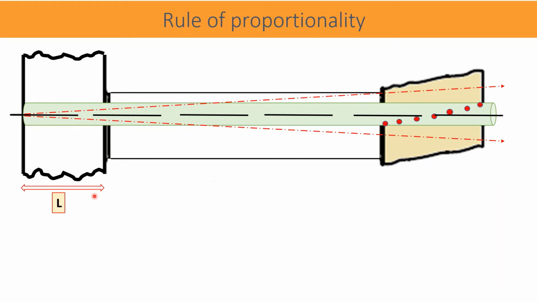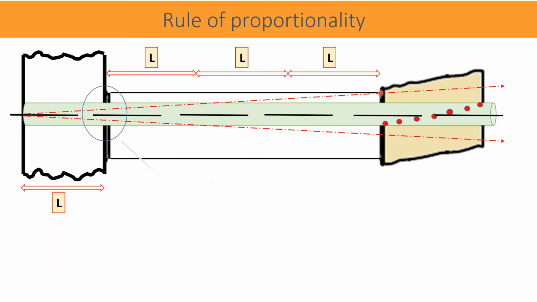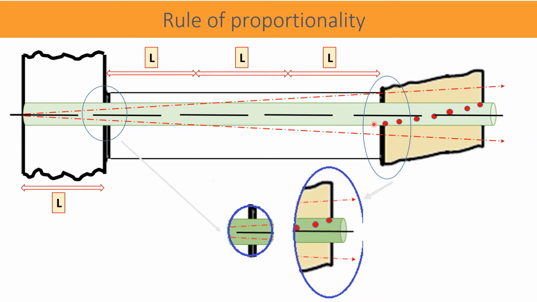For example, if datum cylinder length is L millimeter and separation distance is 3 times, that is 3L, then the inclination error at datum cylinder also propagates 3 times. Therefore, we can say that as the separation distance between the features increases, the error of measurement also increases in the proportion.